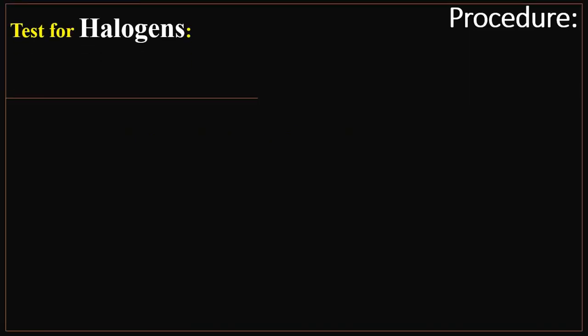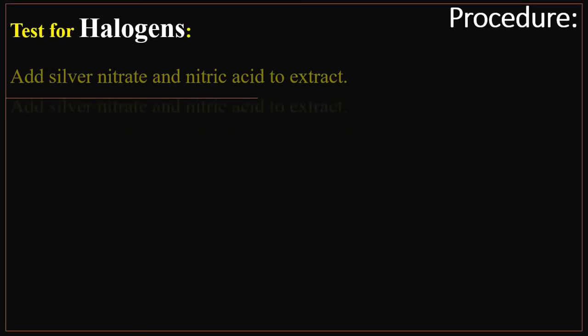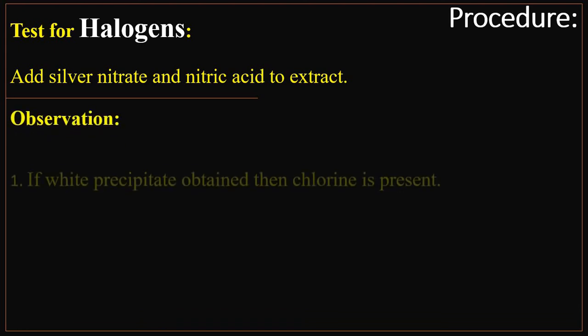Now we'll see the test for halogen atoms. As we know, there are 4 halogen atoms: fluorine, chlorine, bromine and iodine. The tests for the different halogen atoms are different. You have to add silver nitrate and nitric acid to the extract. What are the observations?